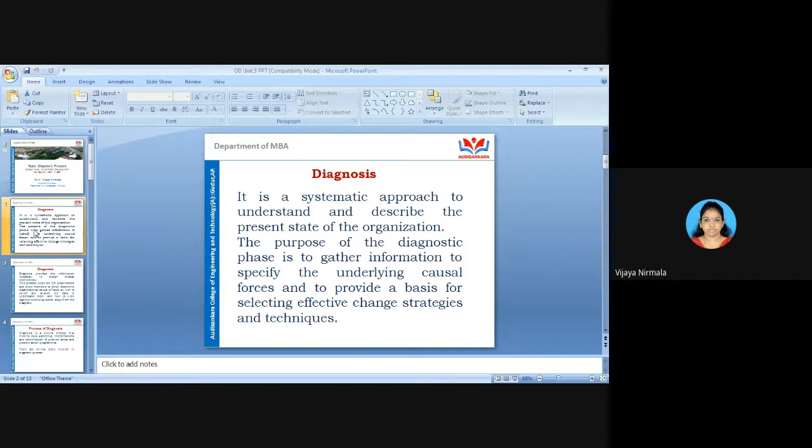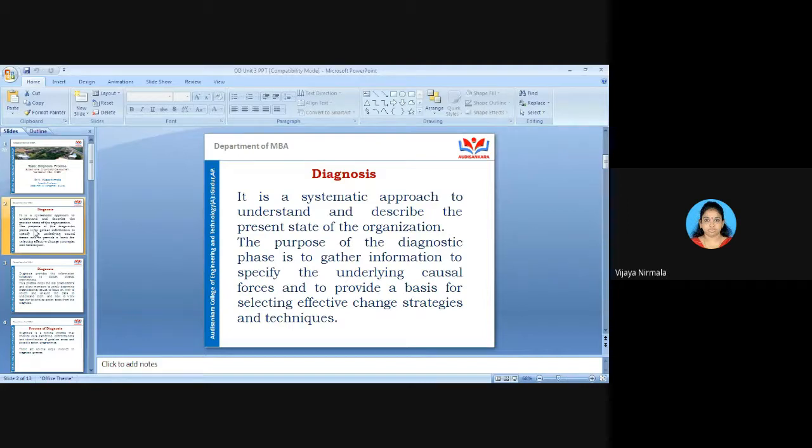It describes in what position the organization is and what is going to be done, what the means of activities are. So that is generally defined as a diagnosis.